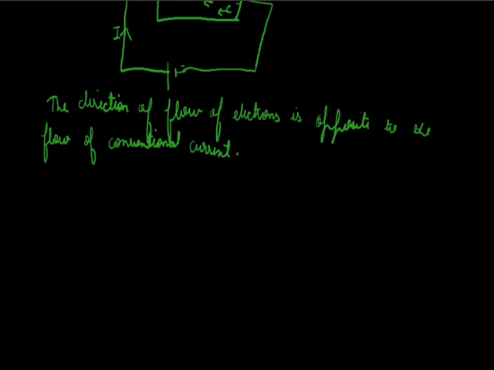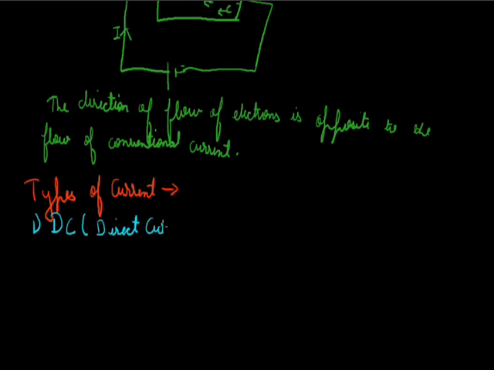Now we will discuss the types of current. There are two types of current. First is DC, that is direct current. This is a current whose value and direction does not vary with time.